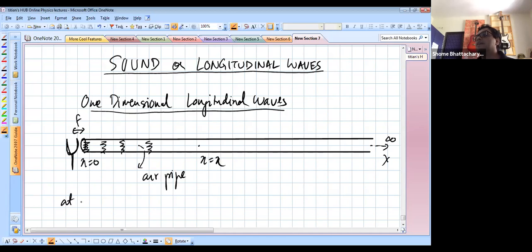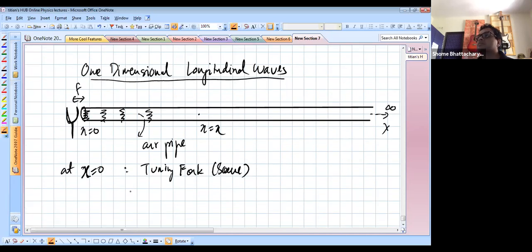So at x equal to 0, the tuning fork, which is acting like the source, is creating an oscillation along the x-axis only. So hence the term longitudinal. The particles are actually vibrating with displacement from the mean position along the same axis as the propagation of the wave.